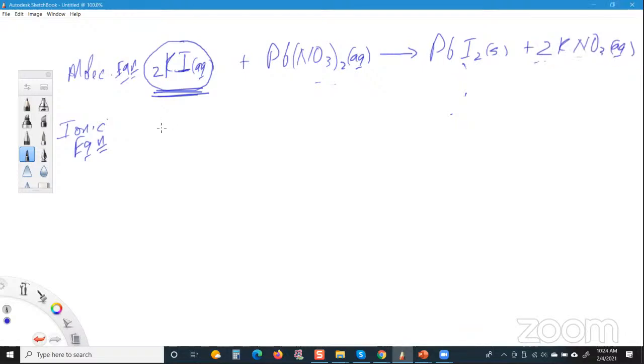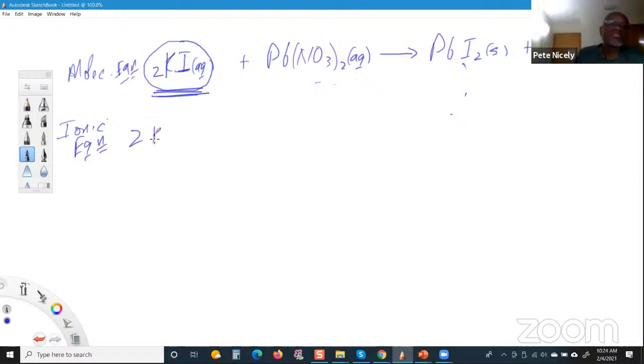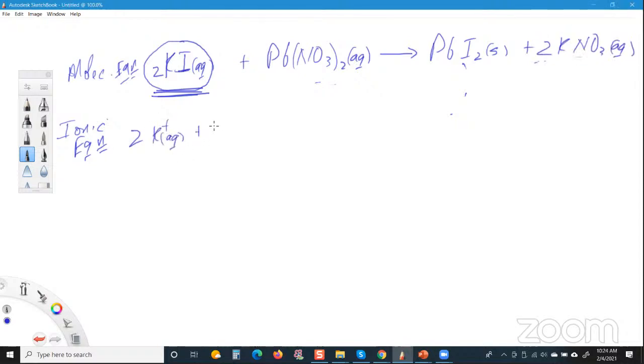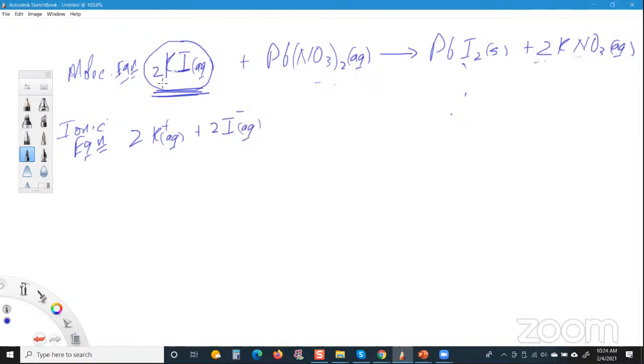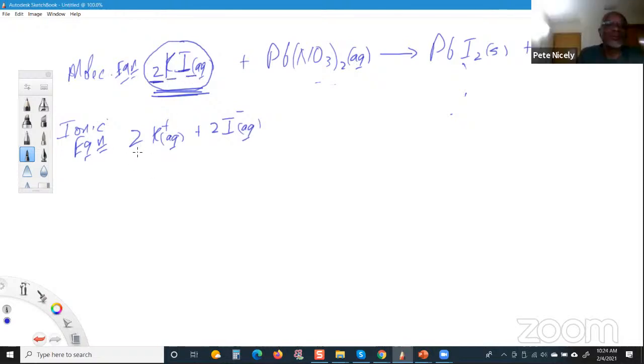We get 2K plus, aqueous, and then 2I minus, aqueous. Remember, the 2 here multiplies the potassium and the iodide. So therefore, that's why we need a 2 here and a 2 here, all right? Okay, so that takes care of that.